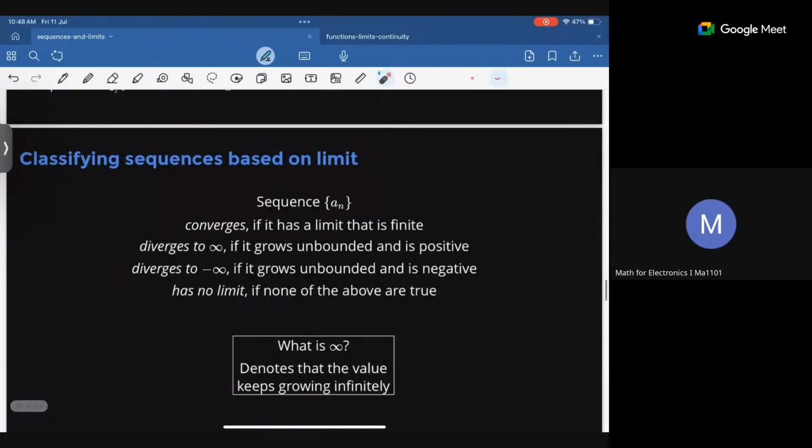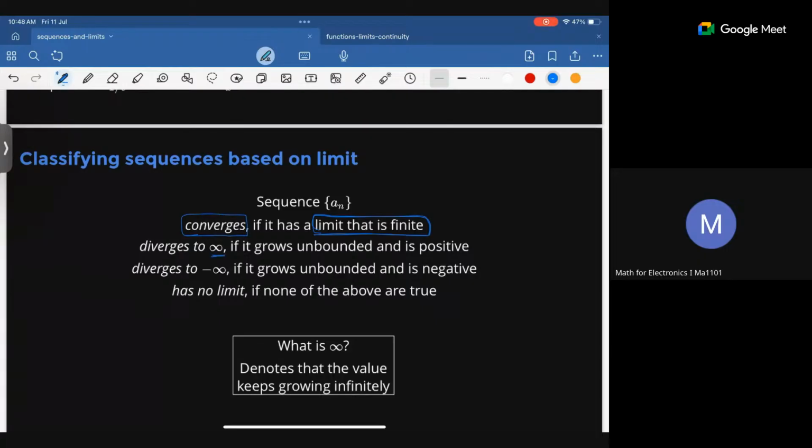All right. I think I have discussed this. If the limit exists, it means that capital L should be some real value, not infinite or minus infinite. If a sequence has a limit, then that sequence is called a convergent sequence.